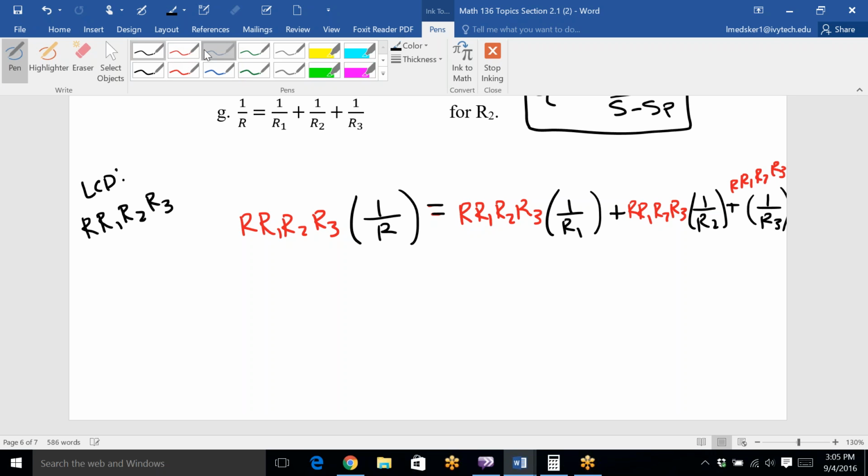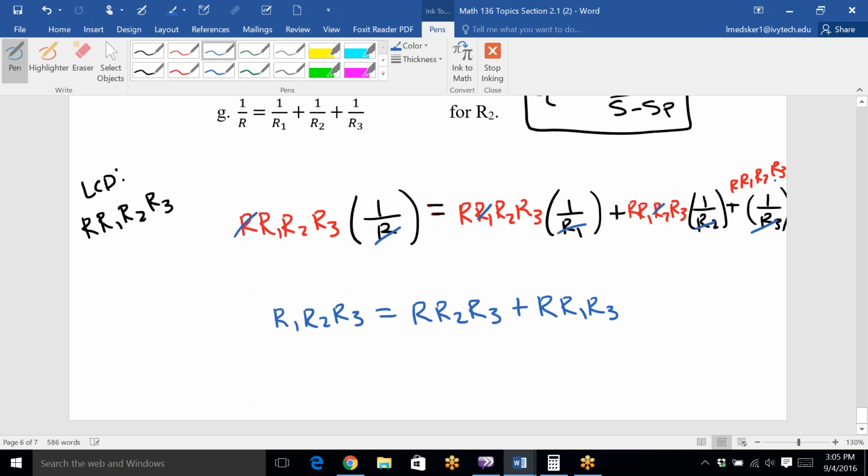Okay, in each case, one of the R's cancels out. So that leaves me with just, for this first one, R1, R2, R3 because it's times 1. In my second one, I would have R, R2, R3. In my third one, the R2s are gone, so this would just be R, R1, R3. And in my fourth one, the R3s are gone, so this is R, R1, R2.